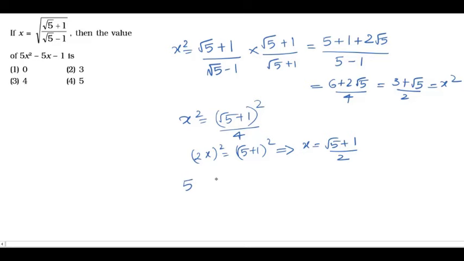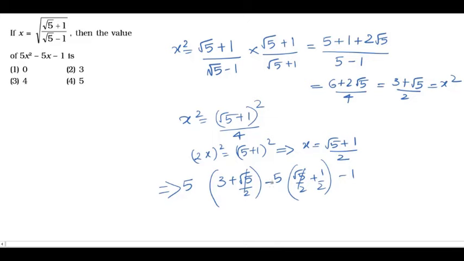So 5 into 3 plus root 5 by 2, that is x square value, minus 5 into root 5 by 2 plus 1 by 2 minus 1. So this is the final answer for us. So if you see 5 and root 5 by 2, 5 and root 5 by 2, it is minus.